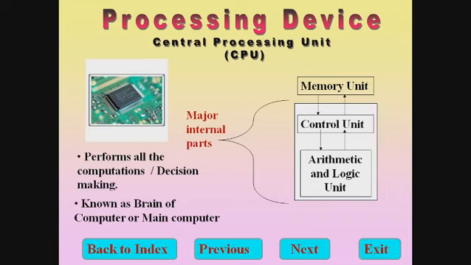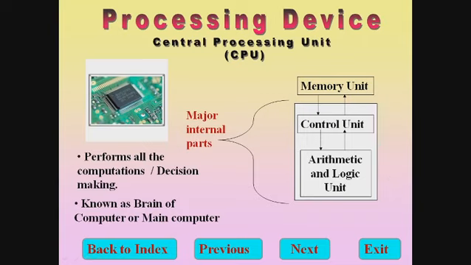Arithmetic means if the computer needs to perform some calculation or some decision making, in that case the ALU is used, and the control unit controls all the other parts along with the ALU and memory, input devices, output devices, plus secondary storage devices also.